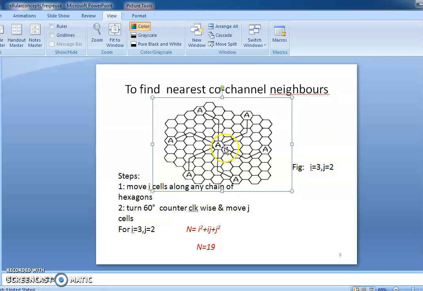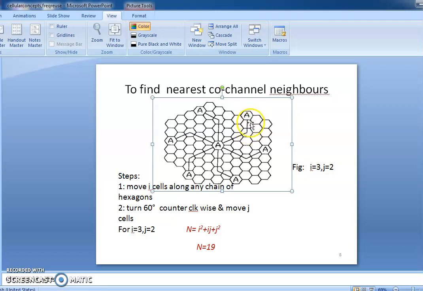First step, we have to move I cells along any chain of hexagons. Here I have taken I = 3, so I have moved 3 cells along the chain of hexagons. Then you have to turn 60 degrees in an anti-clockwise manner and move J cells.